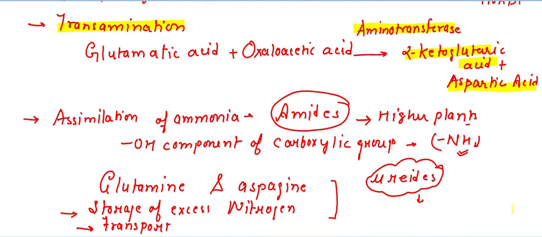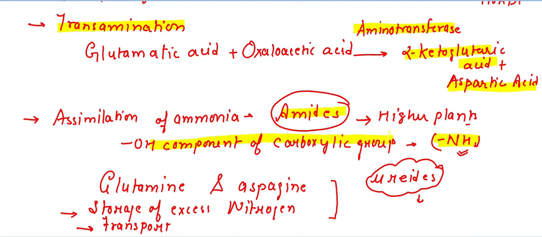Now, one more point, that is the formation of amides in the higher plants. How are amides formed? Amides are derivatives of amino acids in which the OH component of the carboxylic group is replaced by the amine group.